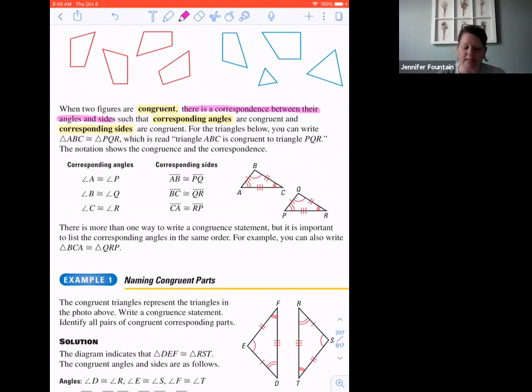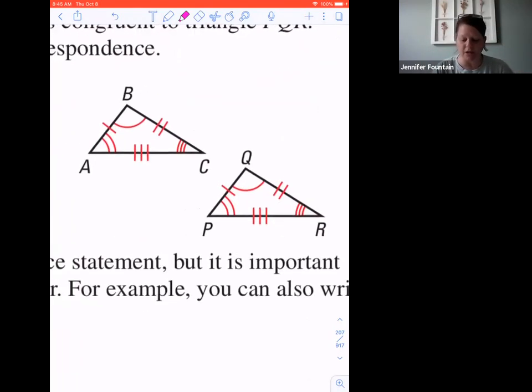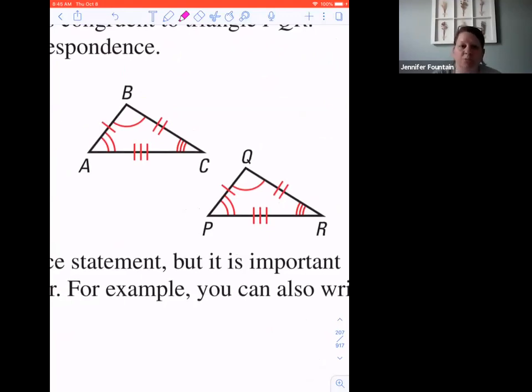That means if I look at the location of each of the angles within the triangle, just like our picture here, this is where our little hash marks and angle markers come in handy, because right here I have a single angle arc. Same thing here, I've got a single angle arc, because those are corresponding. Remember, corresponding means they're in the same location. So corresponding angles of a congruent triangle are equal.